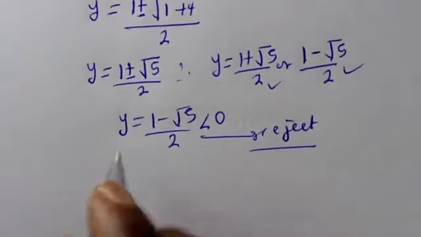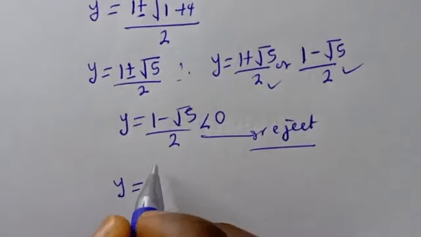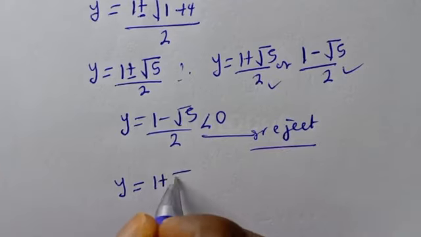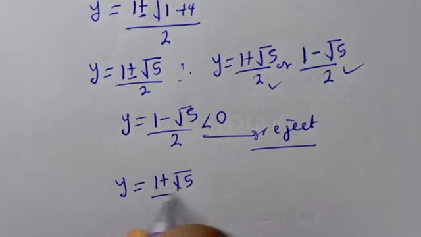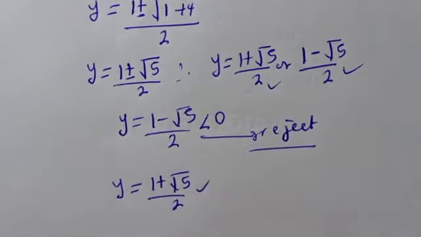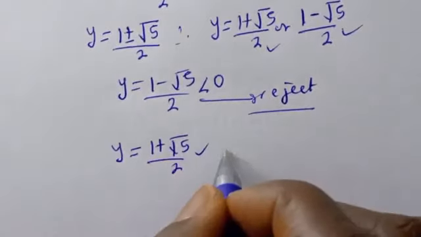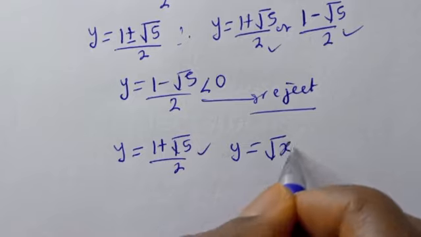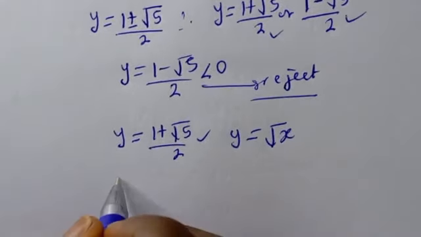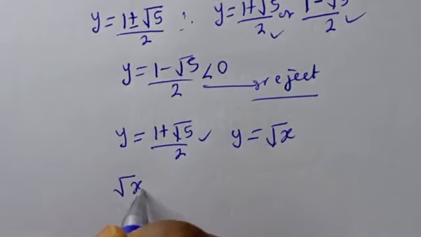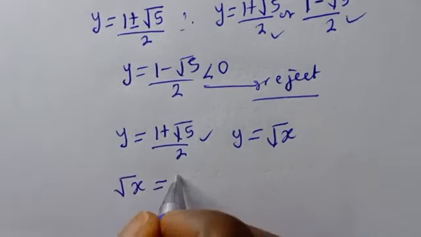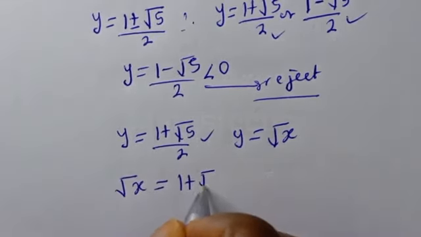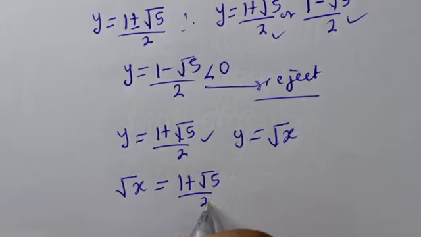Then y is equal to 1 plus square root of 5 over 2. Now, we know that y is equal to root of s. Let's substitute. Root of s is equal to 1 plus root 5 over 2.